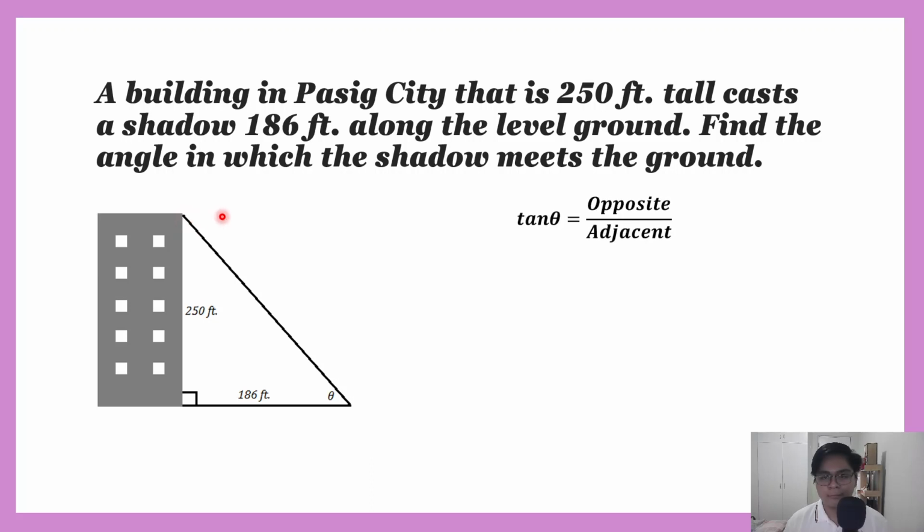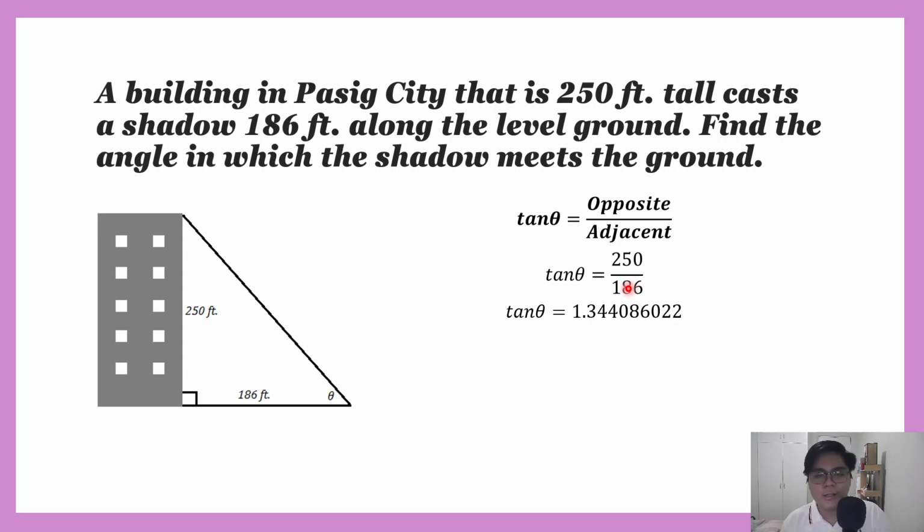We use tan, or TOA rather. We will not derive any formulas because we're looking for theta itself. We now substitute. Tan theta is equal to 250 divided by 186, and we have the answer of 1.344086022.